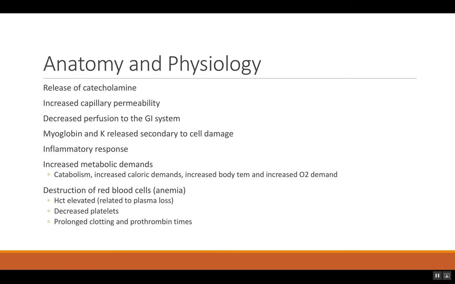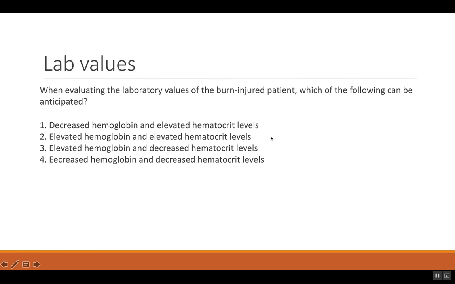A lot of times you'll see the hematocrit elevated, which is a deceitful thing we see with our bodies. Even though they have an elevated hematocrit, it's really the loss of blood volume from plasma loss that's causing the increase. They'll have a decrease in platelets, and a lot of times prolonged clotting or thrombin time, so we want to be really careful with these patients as well.